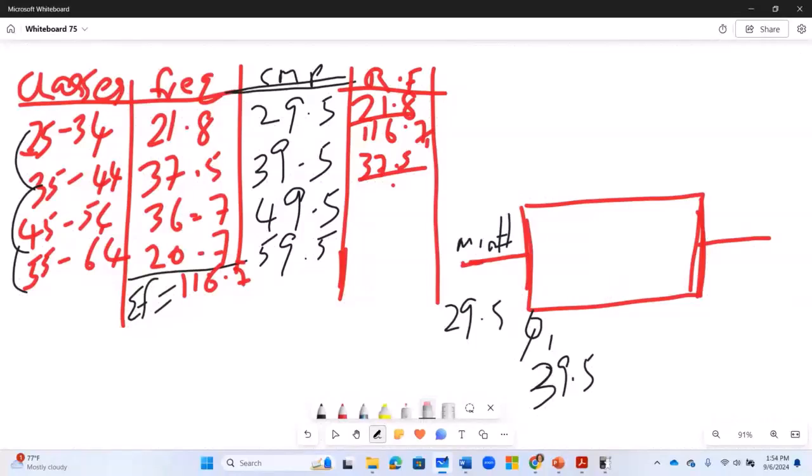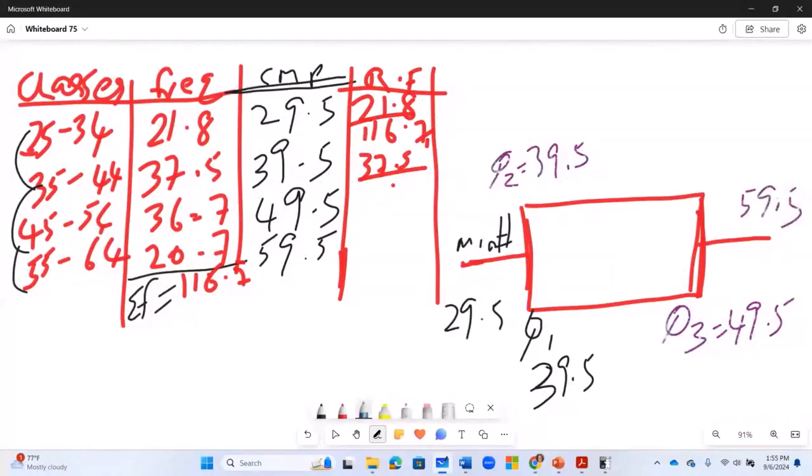So this is Q1, and I'm going to put the median here. So I will just put Q2 here. Q2, the same thing, 39.5. All right. And then Q3, which is called the third quartile, is 49.5. And the maximum number is 59.5. All right. And so this is my box plot.